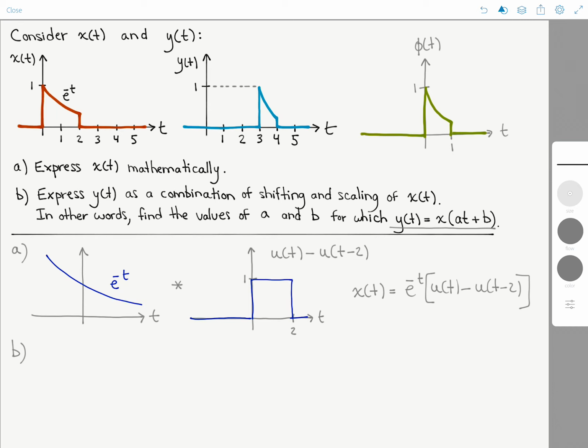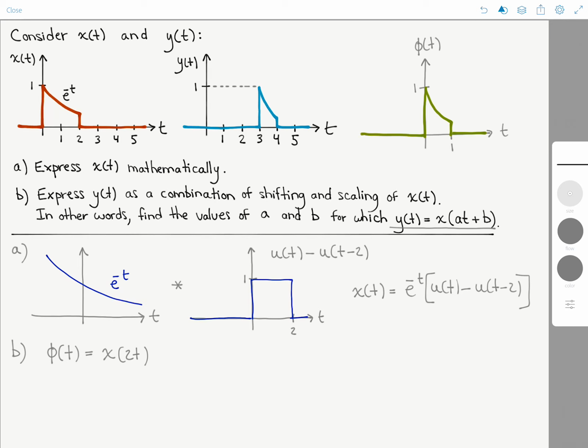Now, it is relatively easy to find the relationship between phi of t and x of t. We know that phi of t is simply a time-compressed version of x of t by a factor 2. Mathematically, this can be written as phi of t is equal to x of 2t.